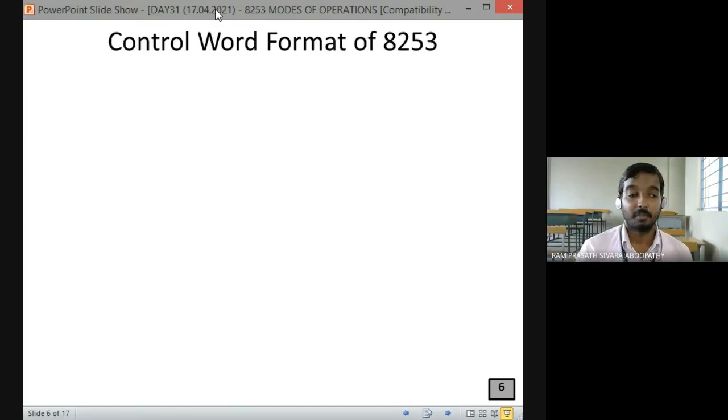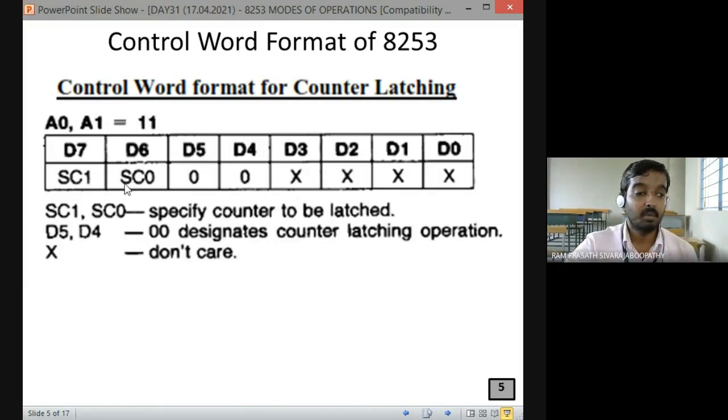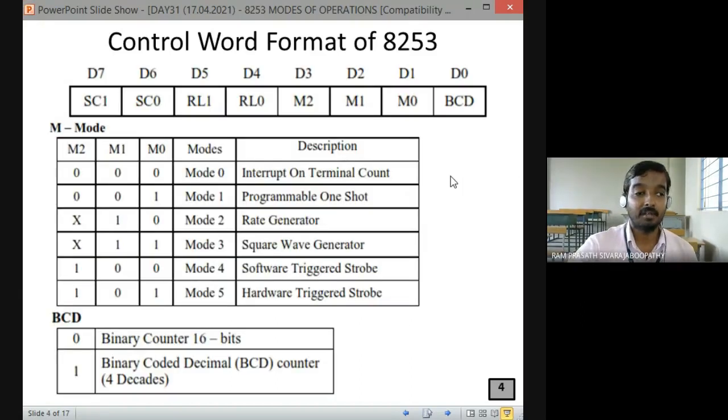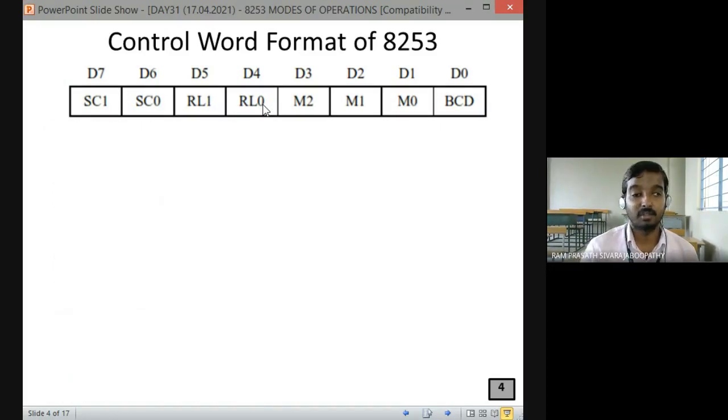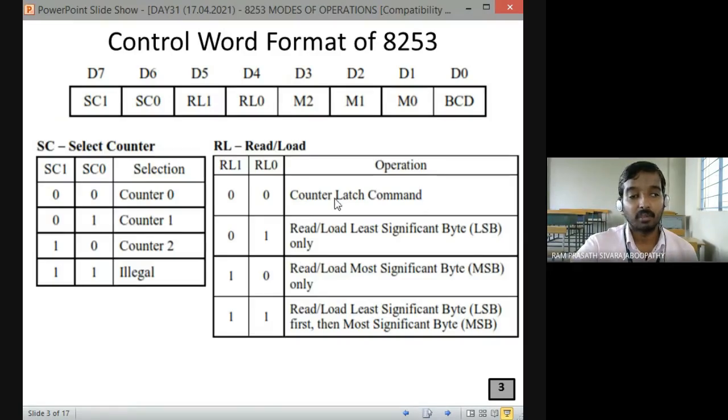SC1, SC0 will select the counter, that is, which counter I want to latch. When we are saying counter latch operation, the bits D3, D2, D1, D0 become don't care. In the format, SC1, SC0 select the counter, and if I put 00 in RL1, RL0, that is the counter latch command.